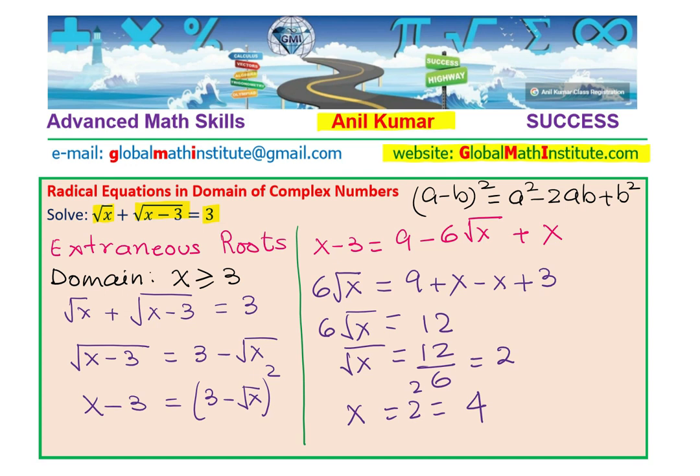If I substitute 4 here, we get square root of 4 plus square root of 4 minus 3, which means 2 plus square root of 1, which means 2 plus 1, which is indeed 3, which is the right hand side. So that is the correct solution. So we know that the solution is x equals 4.